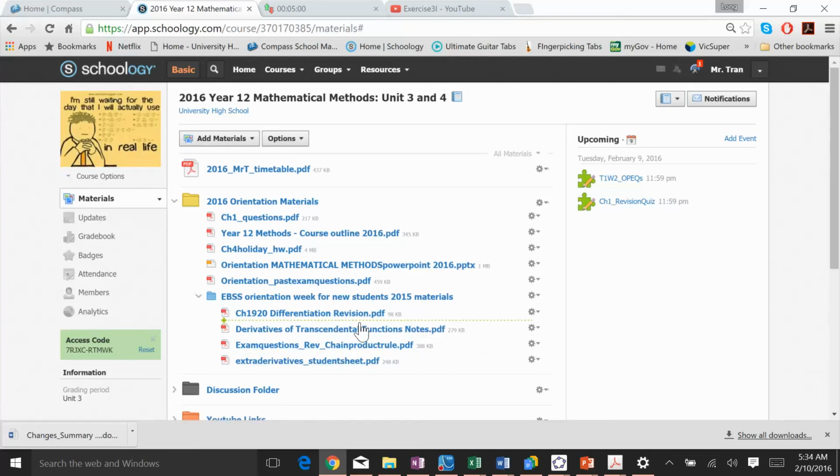If you want more practice besides your exercise book, I'd say use these revision sheets that we did last year. They will help you much better than your textbook. Your textbook is probably assuming that you already know it. So these are Year 11 techniques, and you can do these first before you do the exercises. Otherwise, you can do the exercises as well. There's no problem there.